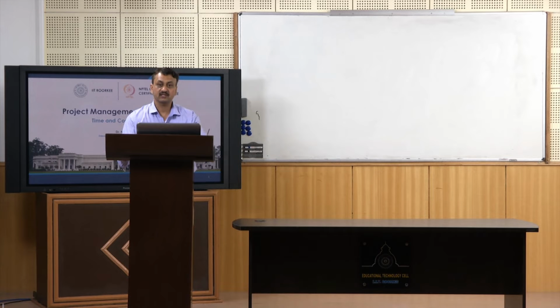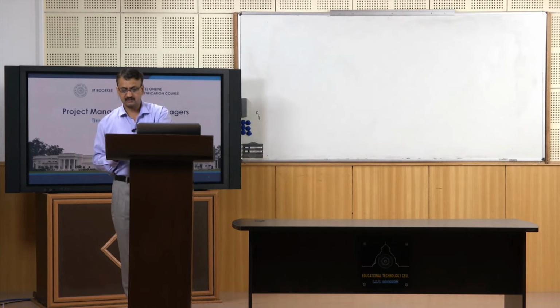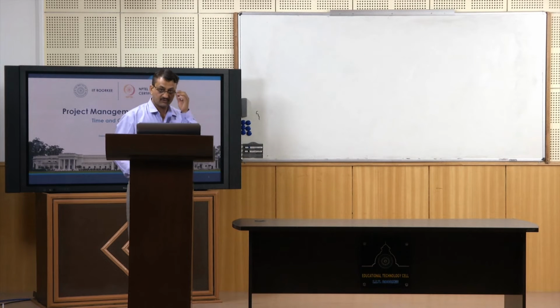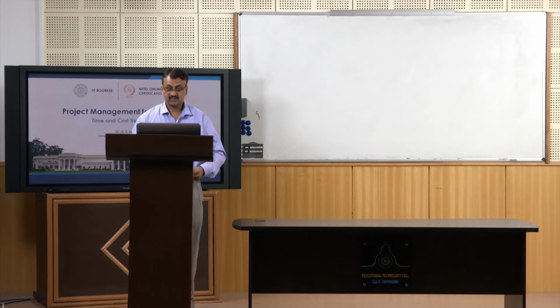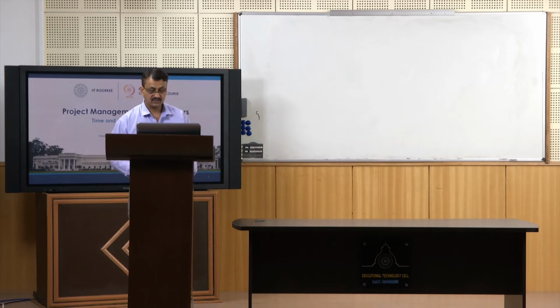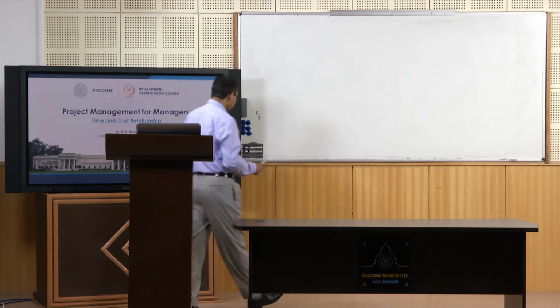We will work out a couple of examples of how to find out floats, and we will focus on this particular slide. Let me take up a couple of questions and we will solve how to find out floats, because floats will help you in knowing which activities are critical activities.